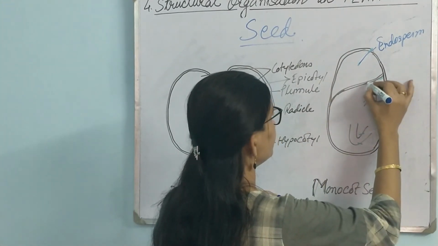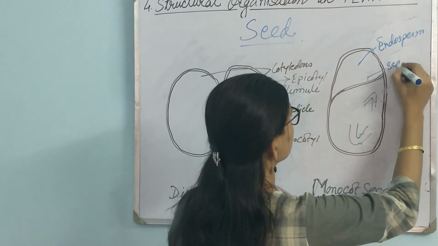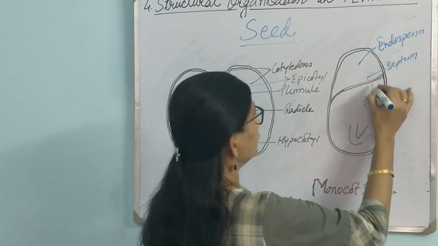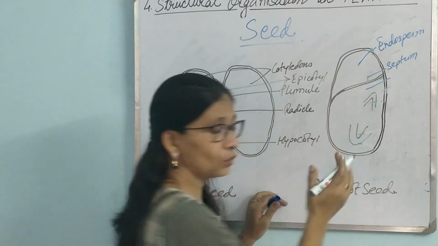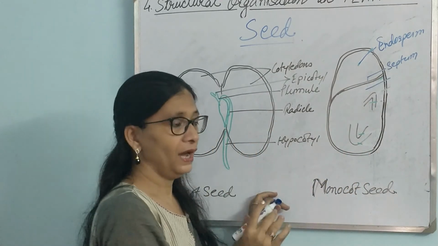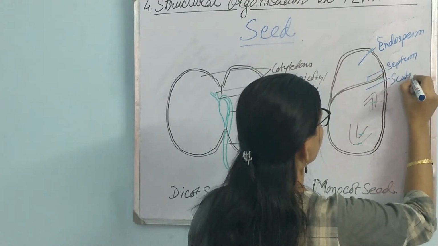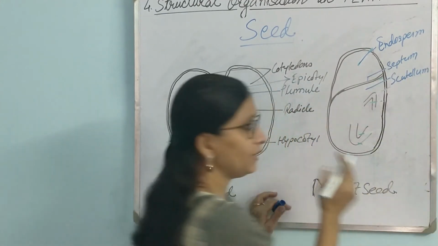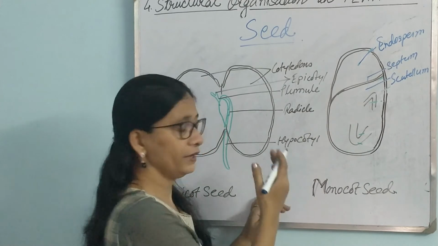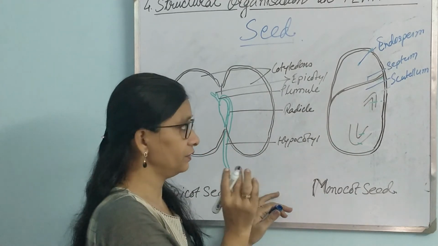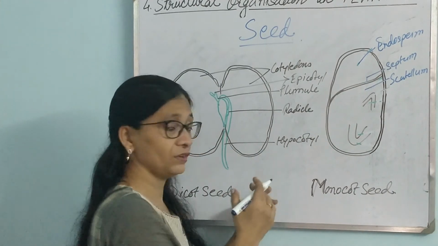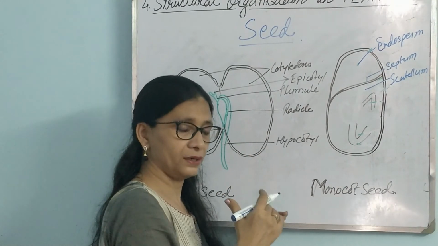Then this is the septum. This portion is cotyledon, which is much reduced here and is known as scutellum. S-C-U-T-E-L-L-U-M, scutellum. It is the cotyledon. Now in case of monocot seed we have extra structures which are the protection of epicotyl and hypocotyl.